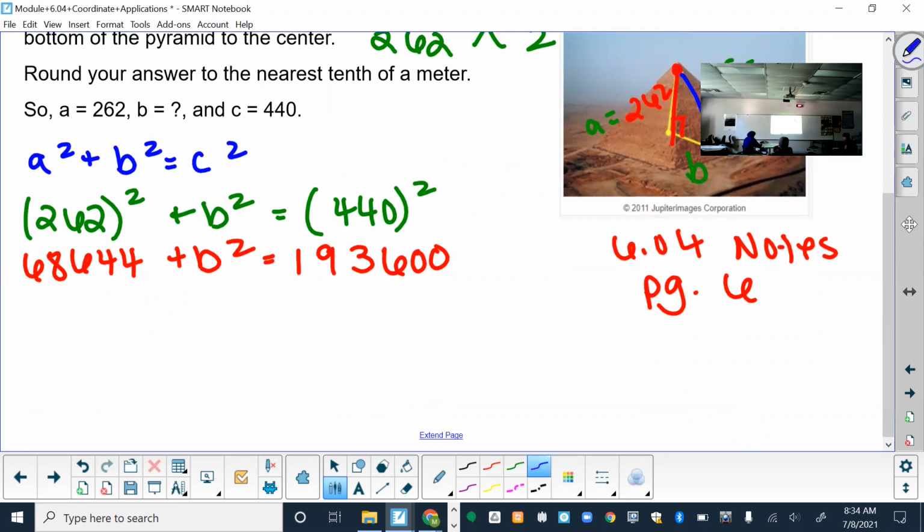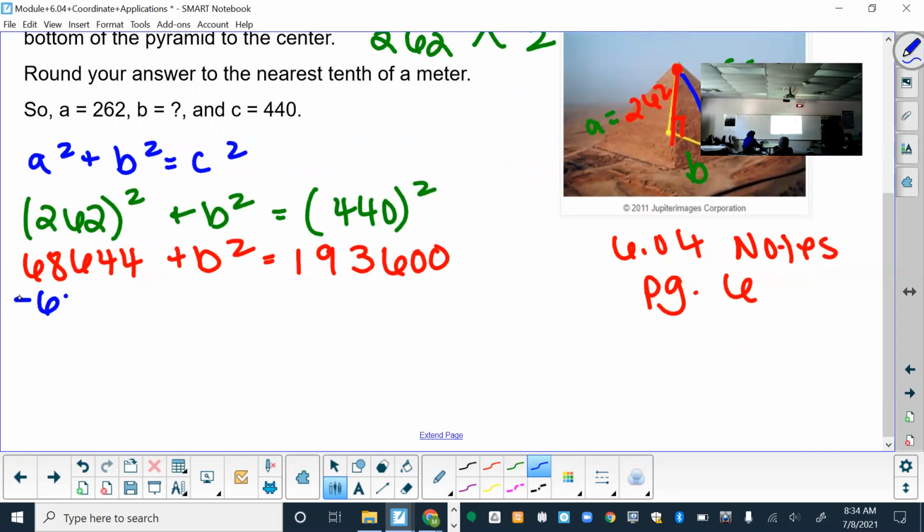Now I can solve for B. So am I going to subtract this large number first, or am I going to take the square root first? Good, you want to start with what's farther away. This 2 is right on top of the B, so that wouldn't be the first thing you calculate.